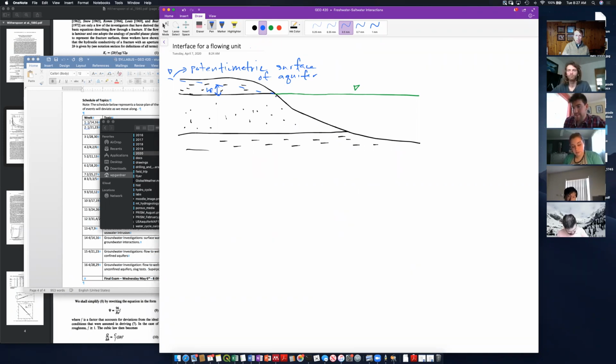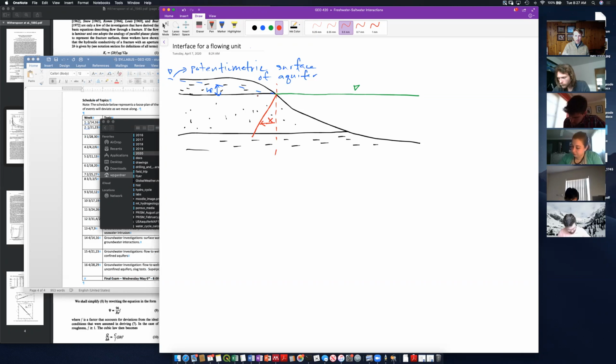And what we're interested in here is the location. And in particular, we are interested in the inland distance. So this would be X, the inland distance of our interface from the shoreline.